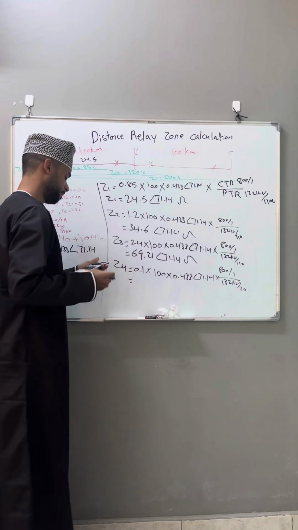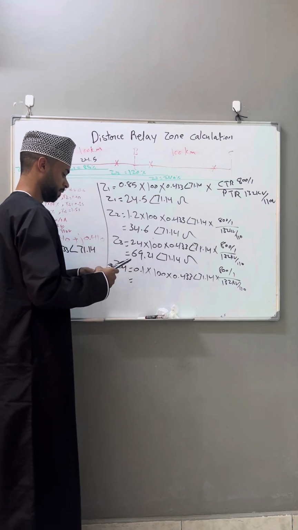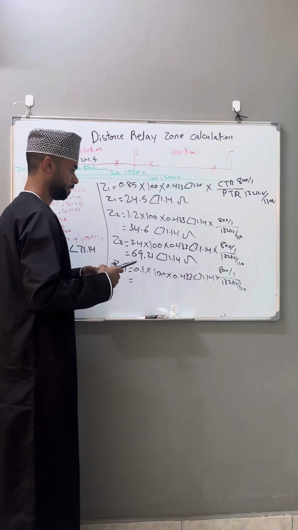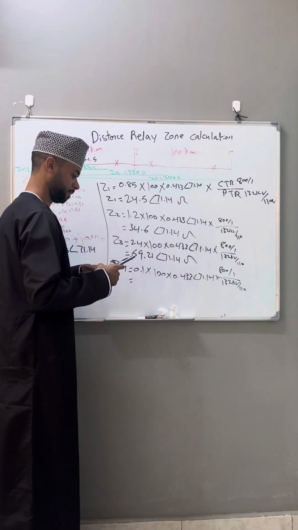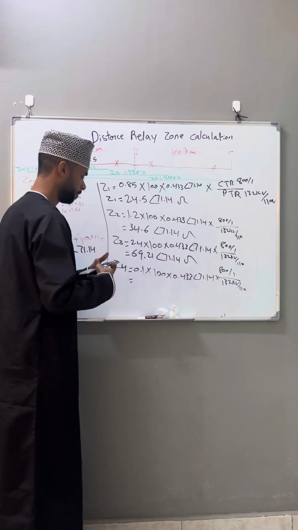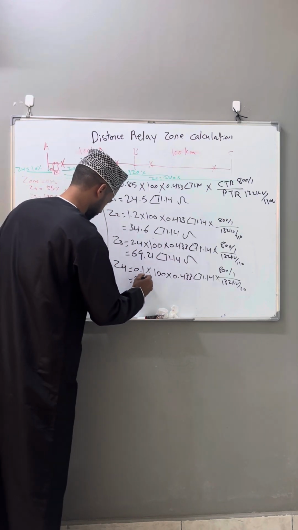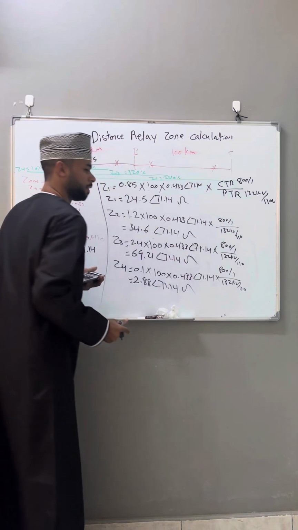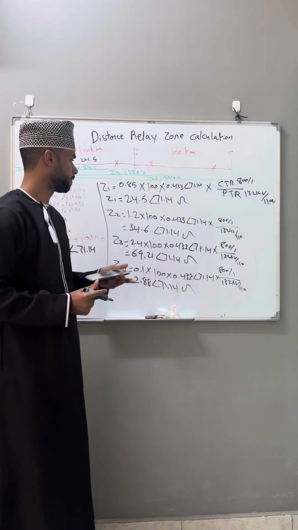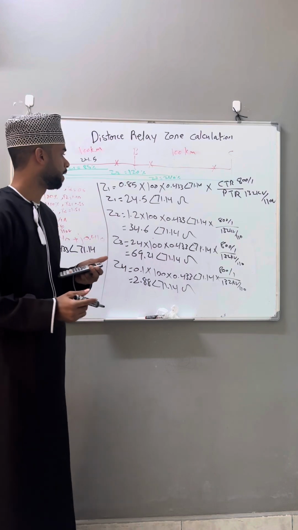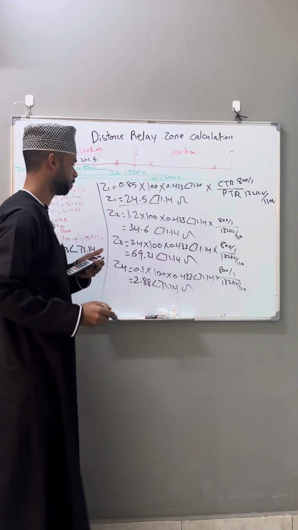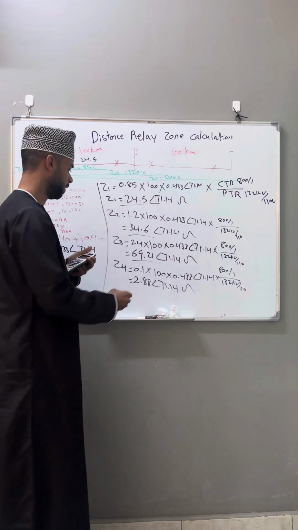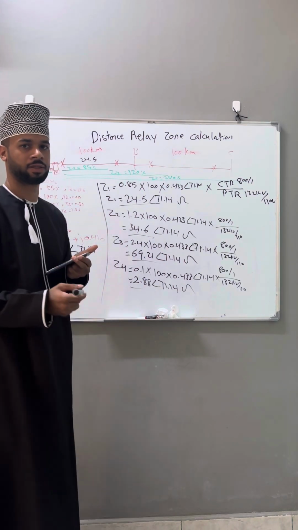So the answer will be 2.88 with angle 71.14 ohm. So this is how to calculate the distance relay zone reach. Zone 1 we found 24.5, zone 2 34.6, zone 3 69.2, and zone 4 for the reverse direction 2.88.